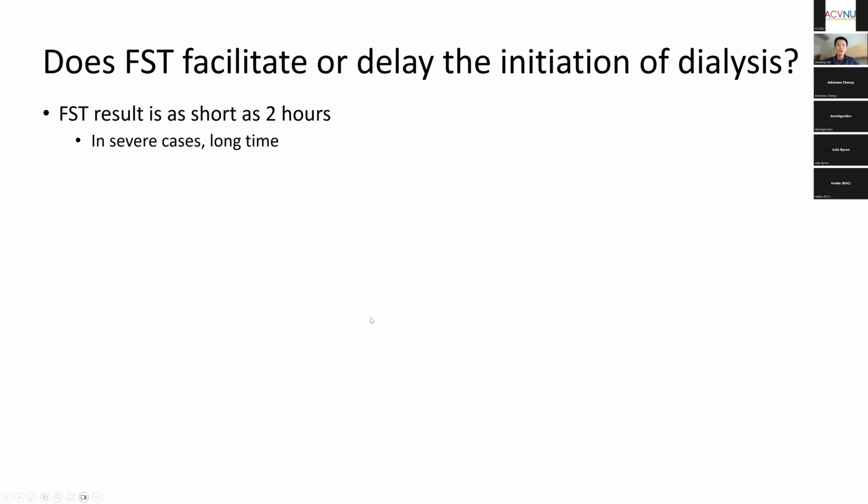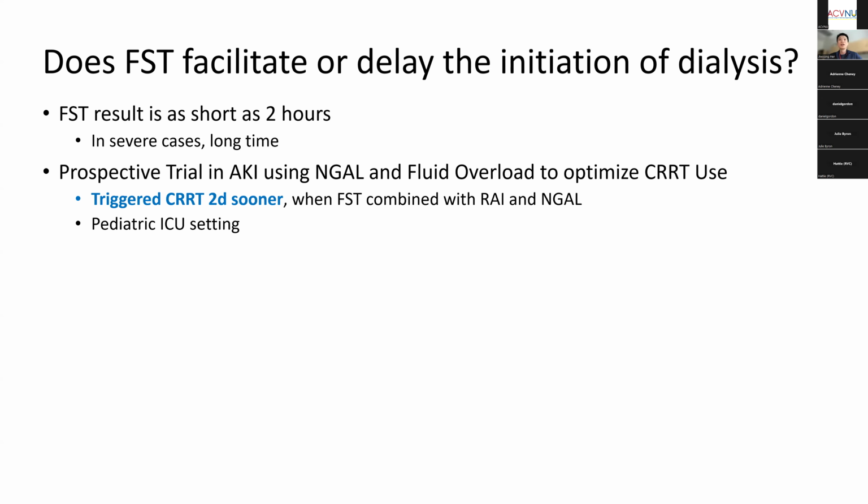The other thing to consider clinically, which is important, is whether doing this test might not improve the outcome, because it might end up delaying the initiation of dialysis. In the paper, the result is determined mostly at about the 2 hour time point, but for severe cases, 2 hours could be a long time that could potentially change their outcome.